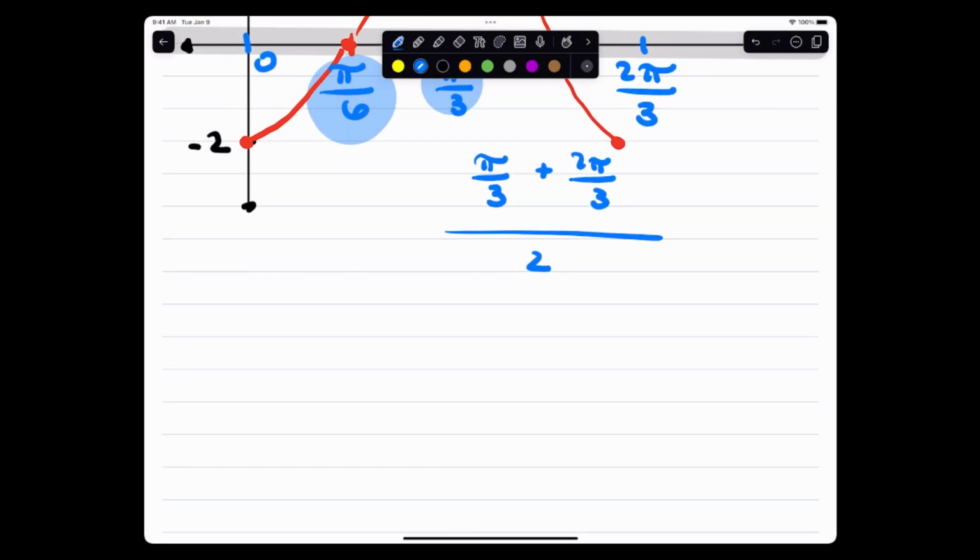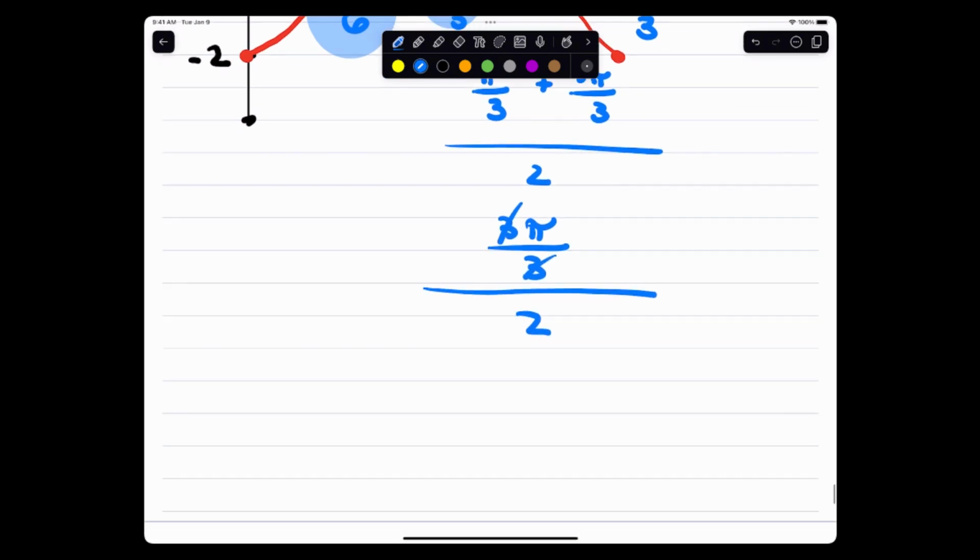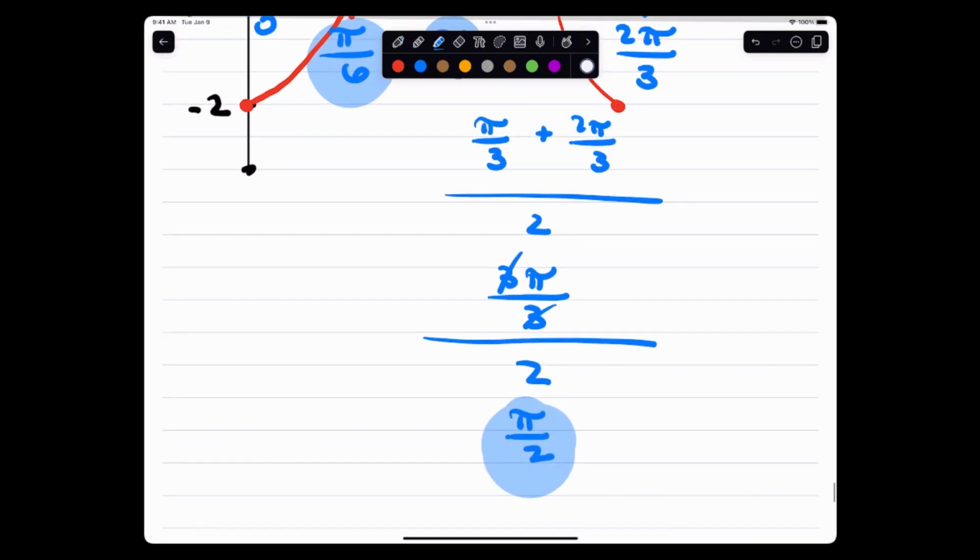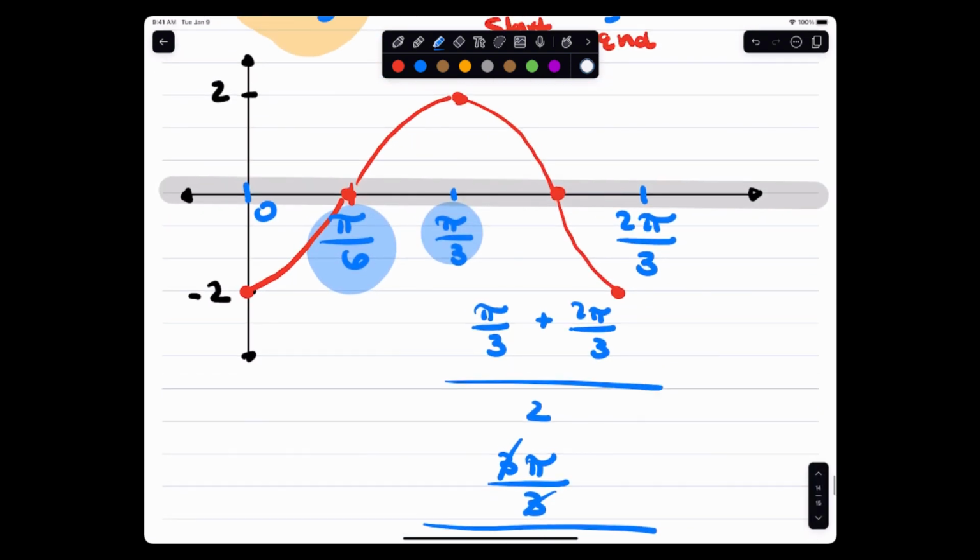Pi over 3 plus 2 pi over 3 gives you what? 3 pi over 3 divided by 2. What happens with your 3's? And then what does this equal? Good. There you go, ladies and gentlemen. It's in the arithmetic. This is pi over what? 2.